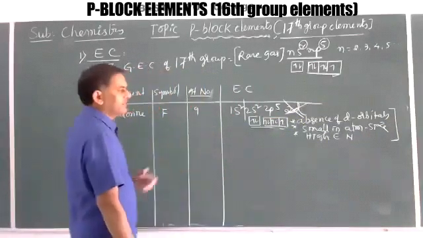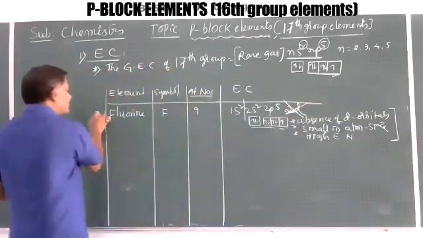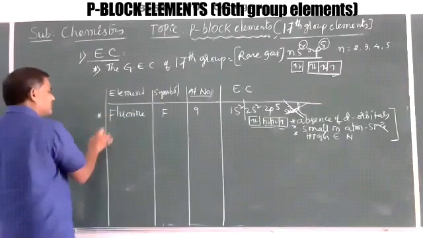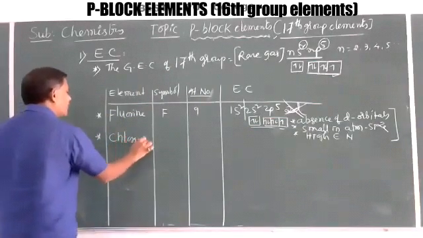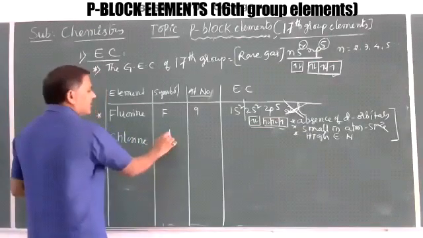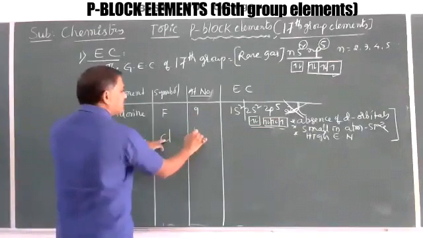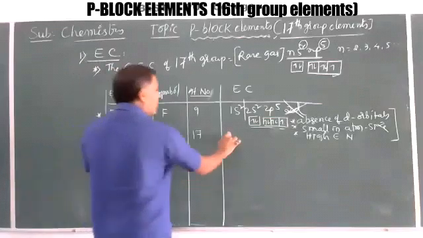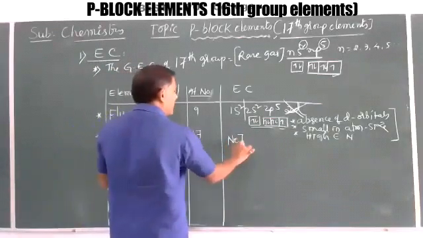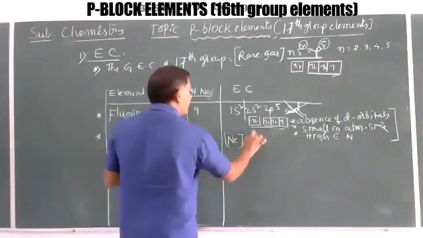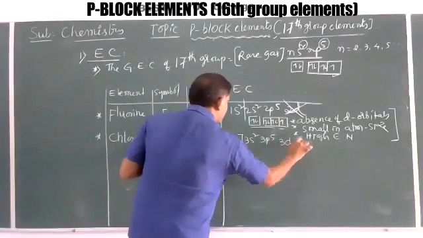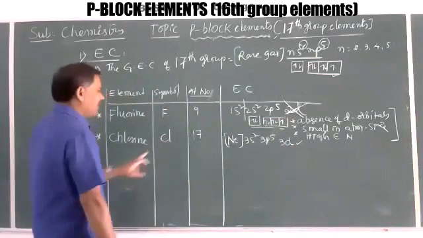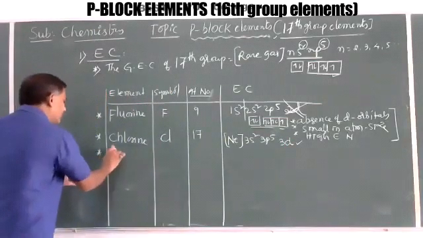I'll explain after that. Whereas in the case of chlorine, the second element, the symbol is Cl. Atomic number 17. The electronic configuration is neon, 3s2 and 3p5. 3d is available, d orbitals are there.